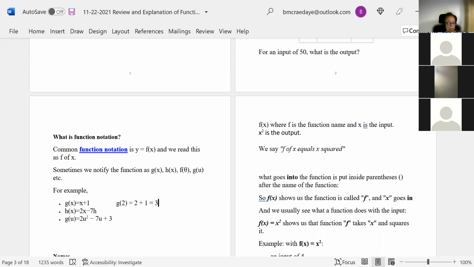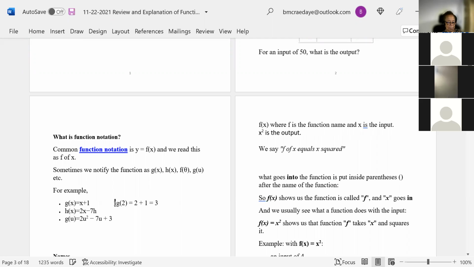Substitution of the input, then apply the relationship, which is a plus. This would be x plus 1, where x is now 2. And you know it's 2 because that's what's in your parentheses. That's the input. g of 2 equals 2 plus 1 equals 3. Got it?